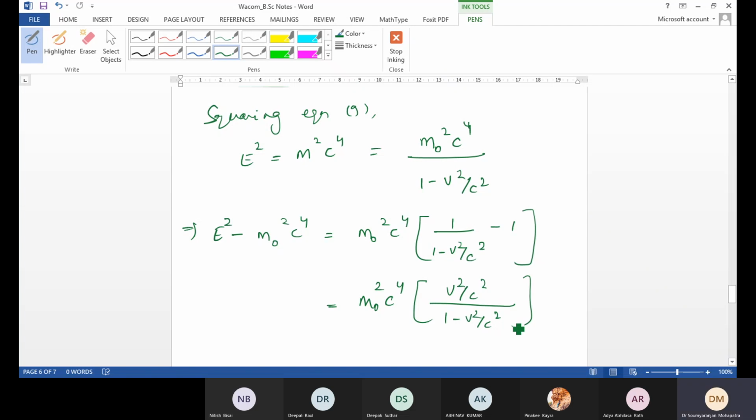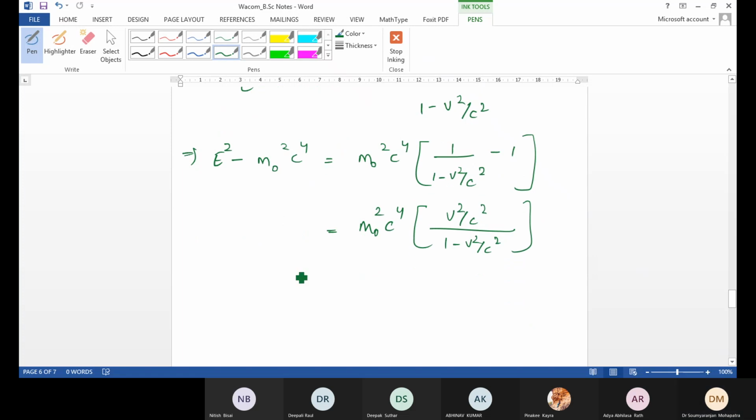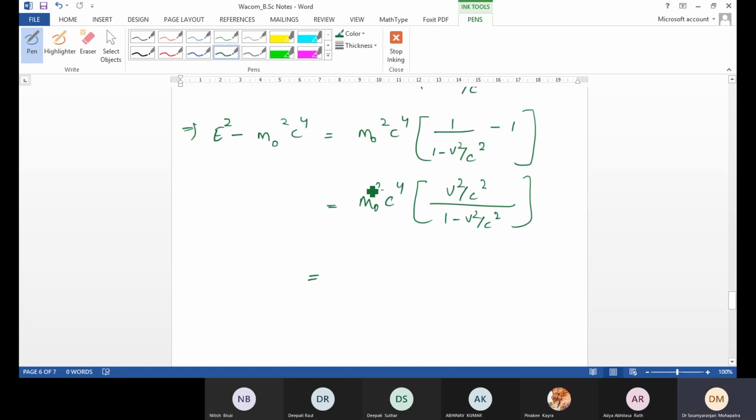Is that okay? Yes, sir. Okay. Do you see every step, is it understandable or not? Simply do the calculation. So this is v square by c square divided by 1 minus v square by c square multiplied with m naught square c4.